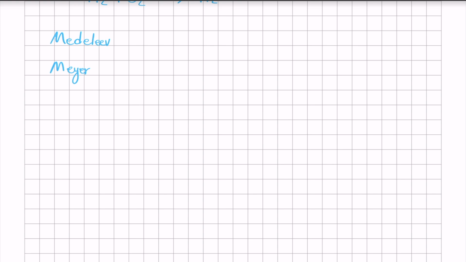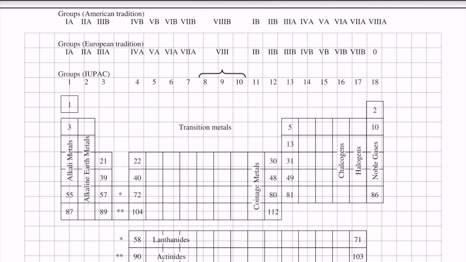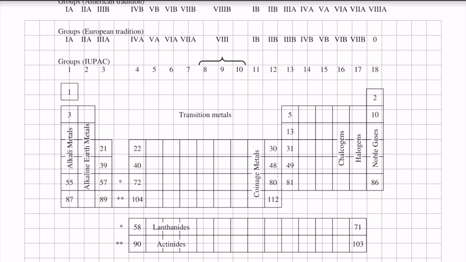Now, let's see what the periodic table is. Well, the idea of arranging the elements into a periodic table had been considered by many chemists, but either data to support the idea were insufficient or the classification schemes were incomplete. Mendeleev and Meyer organized the elements in order of atomic weight and then identified groups of elements with similar properties.